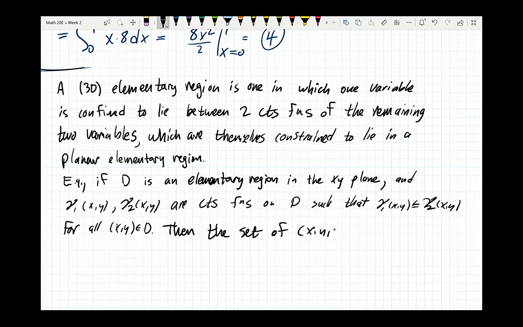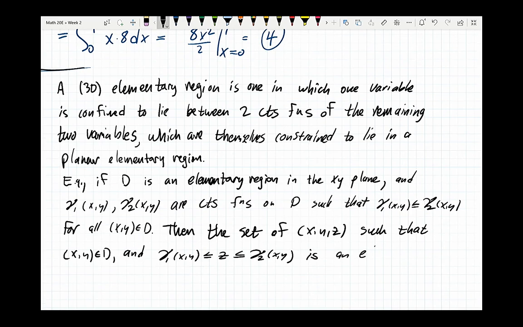All right, so then the set of points in space such that x and y are in D, and z satisfies that it's between the two gammas, that is an elementary region.